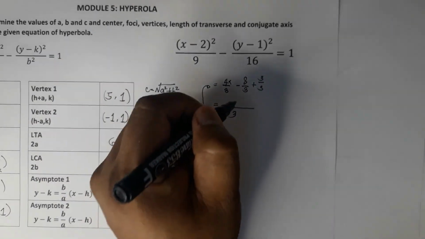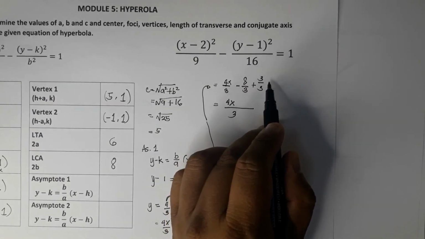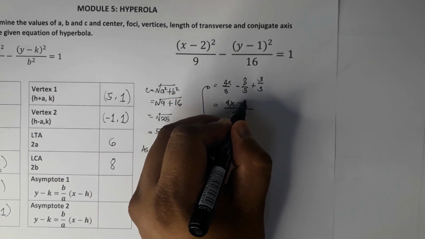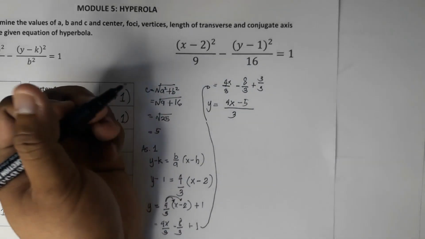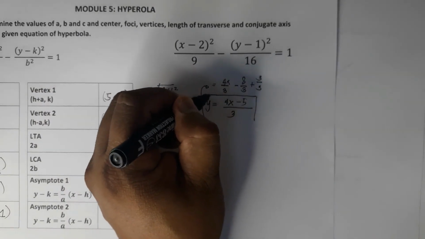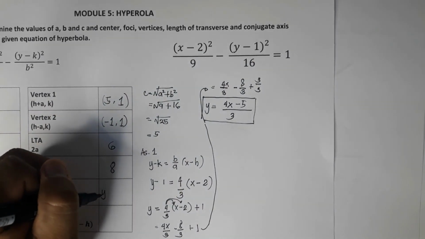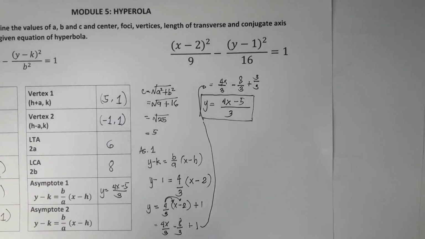So, 4x, mananatili siyang 4x, negative 8 plus 3, that makes it negative 5. Okay? So, that is now the value of our y. y is equal to 4x minus 5 over 3. This is now our first asymptote.